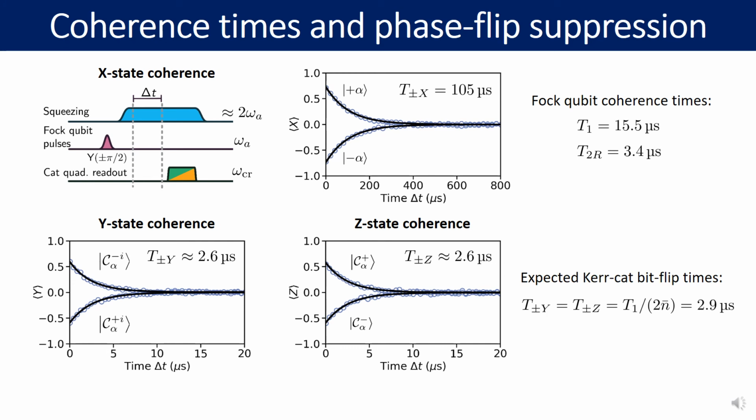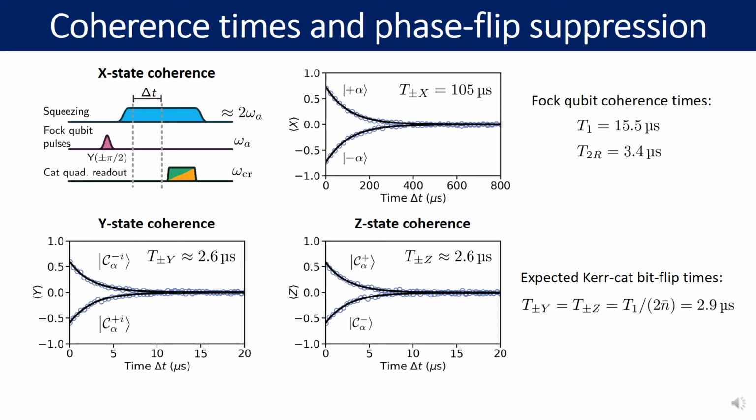We expected the T1, so the single photon lifetime of the Fock state qubit, to be divided by 2 times the photon number in the Kerr-Cat qubit, and that would have given 2.9 microseconds. But in reality, photon gain events, so A-dagger jump events, can also contribute to this bit flip time. And if we take that into account, then we get a value that pretty much reproduces the 2.6 microseconds.